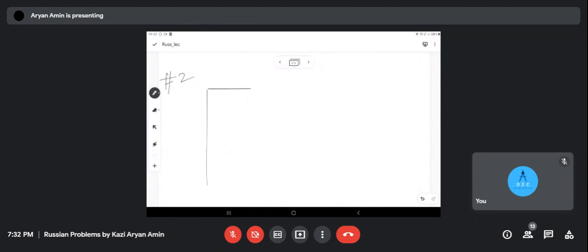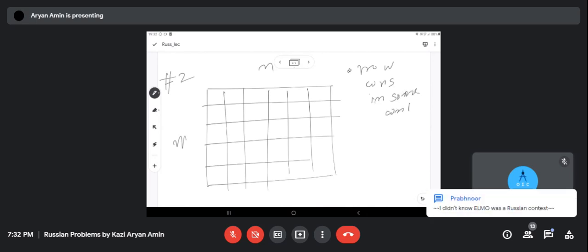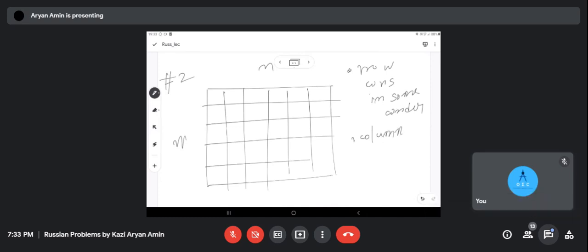It basically tells you that you've been given an M cross N board, right? And in every cell of the board, you write a number such that every row has consecutive numbers in some order, and every column also has consecutive numbers in some order.